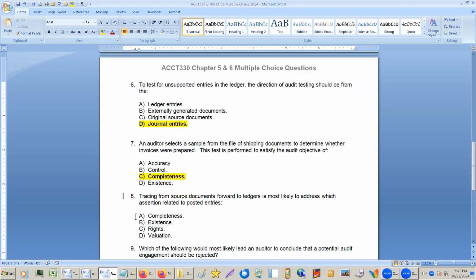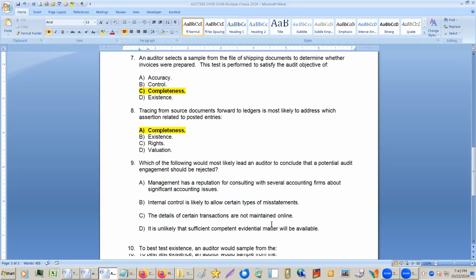Same. So source documents to anywhere is going to be completeness. This one better be D.